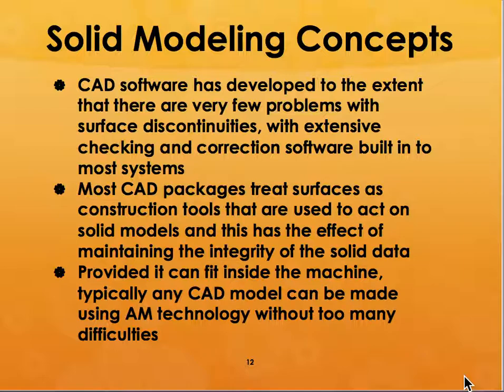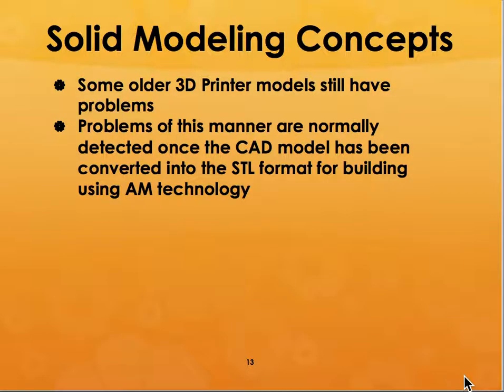But nowadays it is not that difficult. Some of the older 3D printer models still have problems, but once a CAD model has been converted to the slice data, it automatically tells you whether there are problems or not.